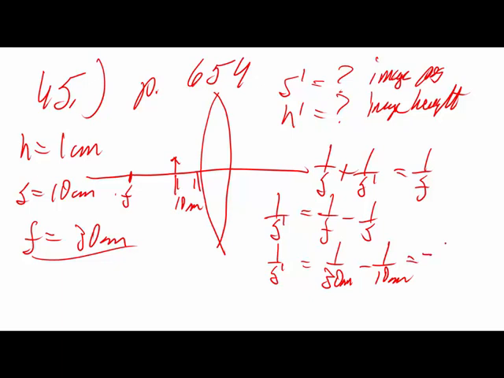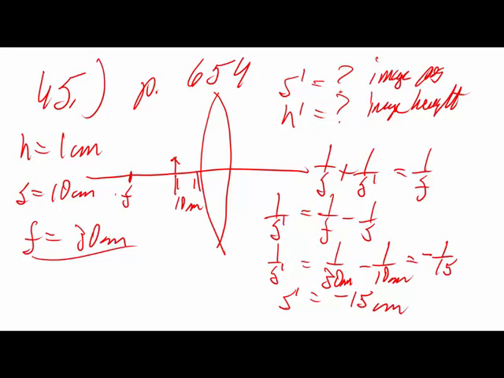So S prime is a negative 15 centimeters. Notice how much larger it is. It's 15 times larger.